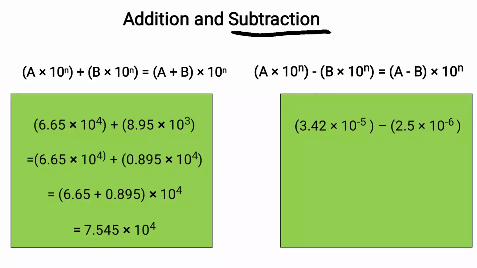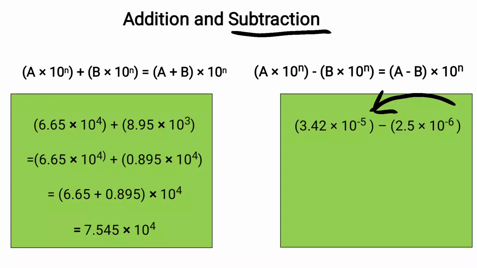Even in this equation, the exponents are not the same, which means that we have to make them the same. Over here, one exponent is -5 while the other one is -6. So here let us convert the exponent -6 to -5.